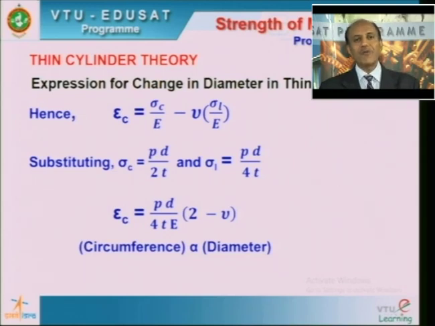So the first thing that you need to understand is circumference is proportional to the diameter. So how do we calculate circumference? It is pi into d. Circumference is pi into d, and pi is a constant. As diameter increases, circumference is going to increase. So now we try to say circumferential strain.